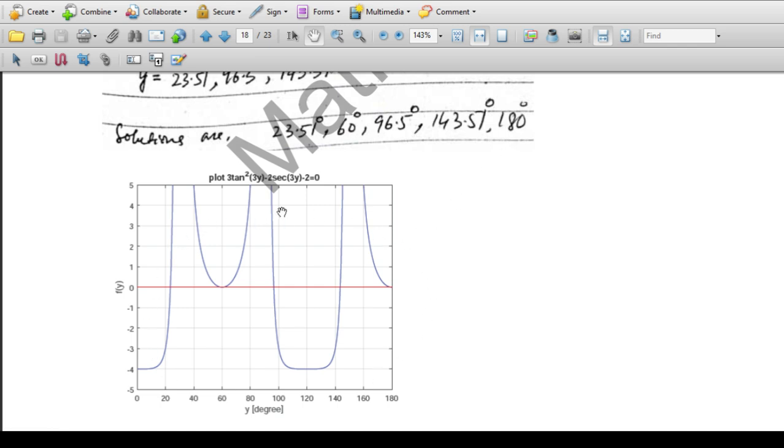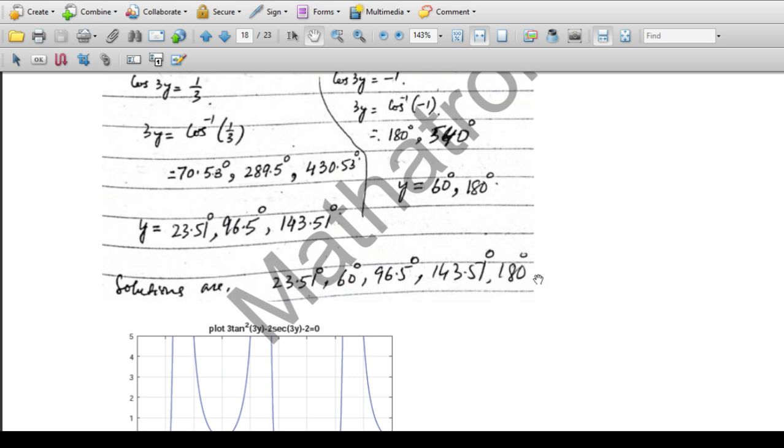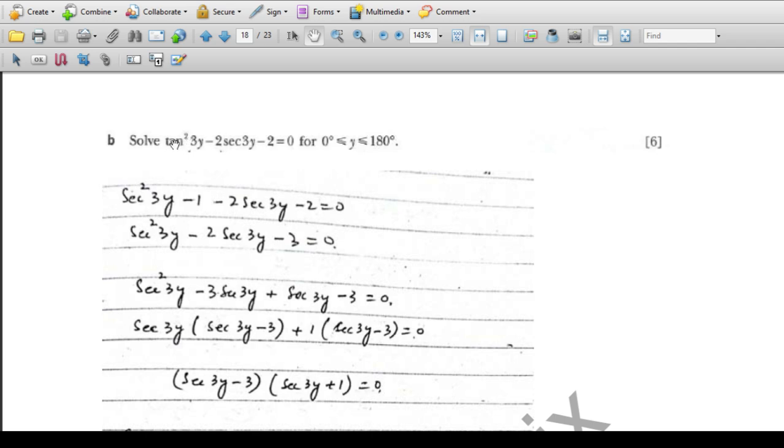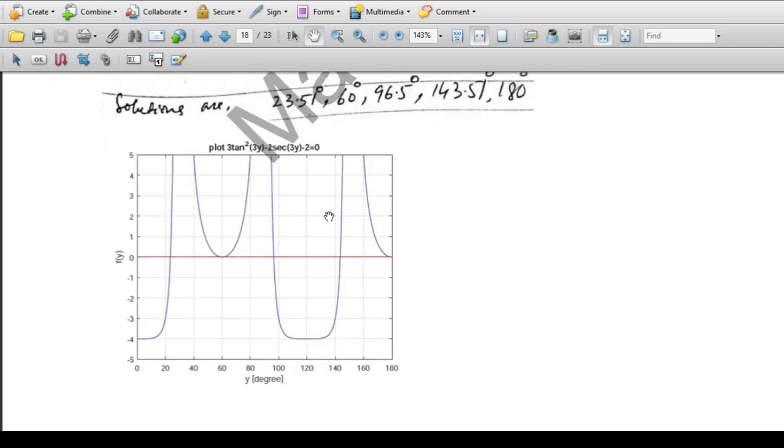So this gives a better idea of why we have so many solutions. We have just plotted this graph, with a combination of all these terms, and equated it with 0. We solved all these terms with a calculator or Excel plots or any other plotting methods.